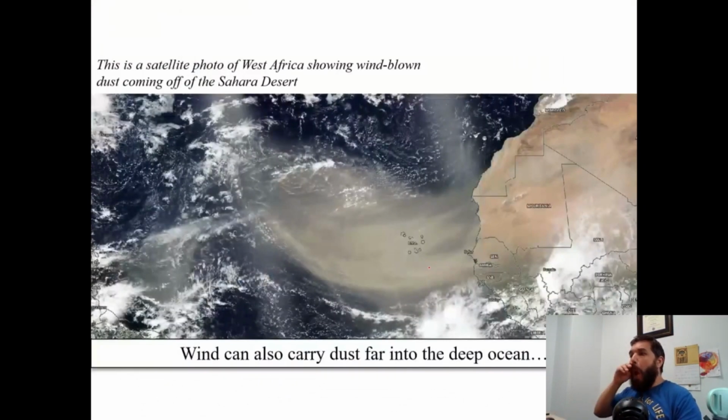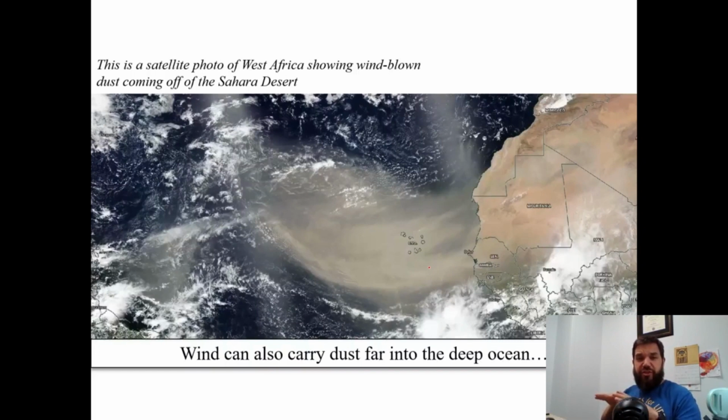We can also have wind carrying dust far out into the deep ocean. That's another source, and it's actually a big source of sediment in the deep middle of the ocean. These are what are called abyssal clays. These are wind-blown clays that often come from desert environments that don't have a lot of vegetation cover.